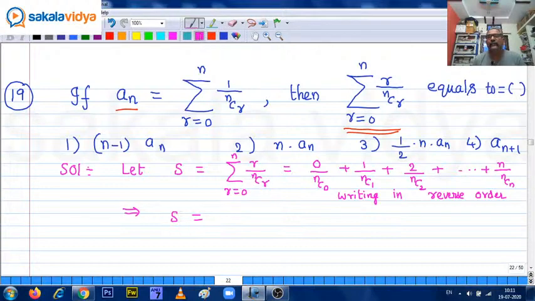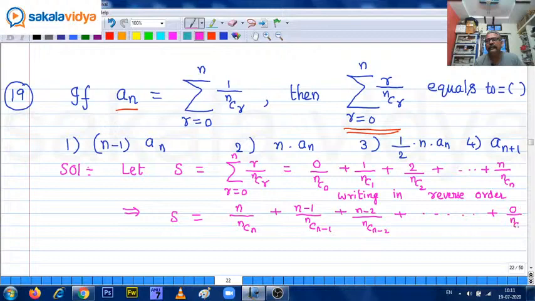Let us write the reverse order. This is n upon nCn plus, before that we have n minus 1 upon nC(n minus 1) plus n minus 2 upon nC(n minus 2) and so on, plus 0 upon nC0.